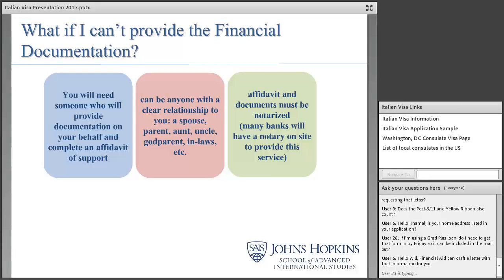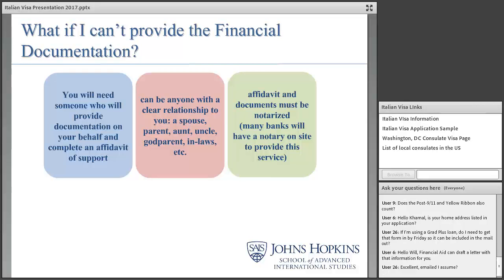Basically, someone who does have enough money in an account somewhere and is willing to fill out an affidavit of support. What is an affidavit of support? It's a form that says, I, Jane Doe, mother of John Doe, have this much money, and I will be financially responsible for my son while he is studying in Italy.